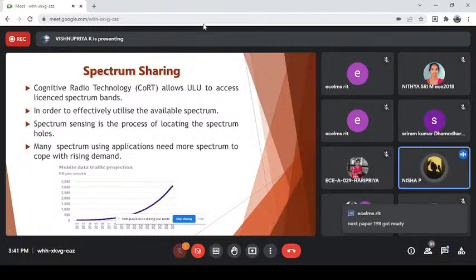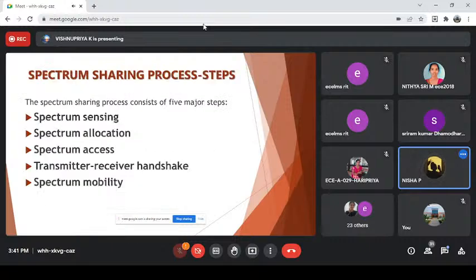Many spectrum using applications need more spectrum to cope with increasing demands. Here we can see the mobile data traffic. Traffic here denotes demand, which is increasing year by year rapidly.